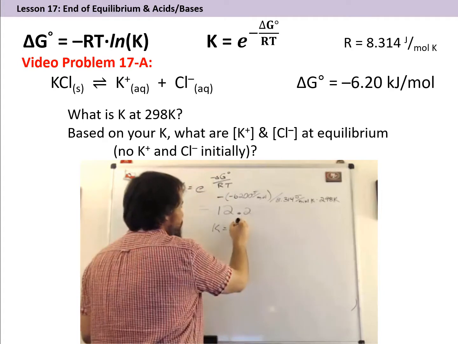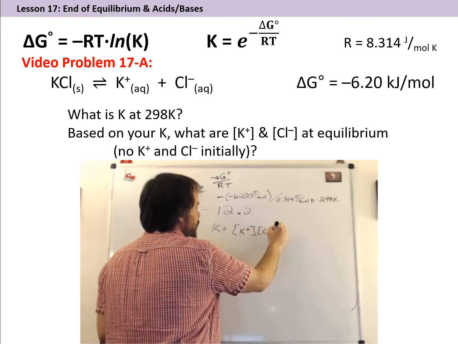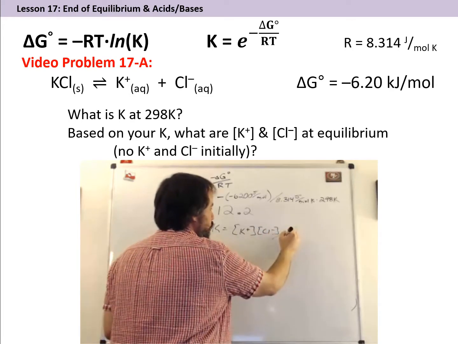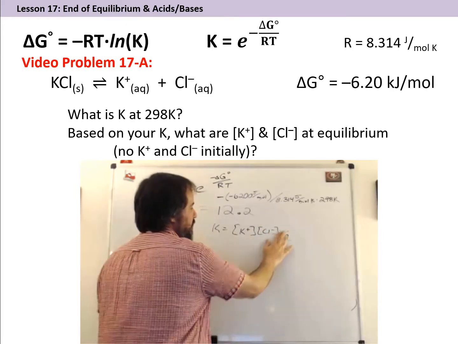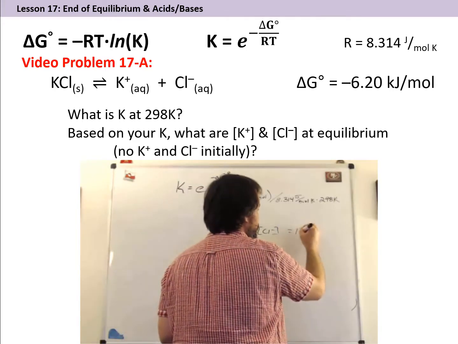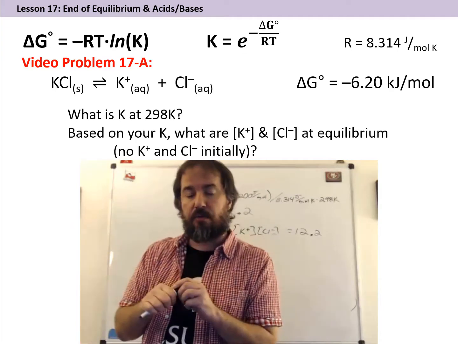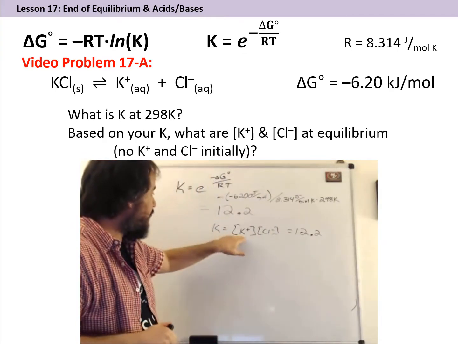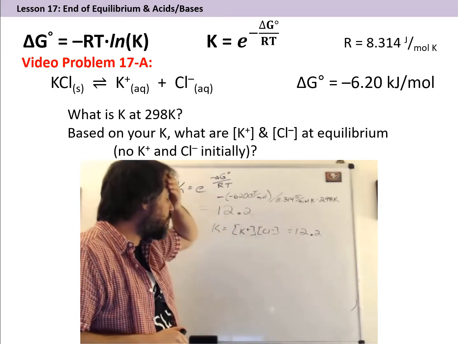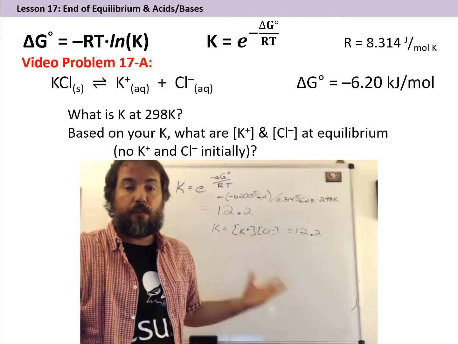So that's going to be K plus times Cl minus over 1. All right, and this is going to equal 12.2. Now there's one thing to remember: K plus and Cl minus have to multiply to 12.2, but we don't know what values they are.